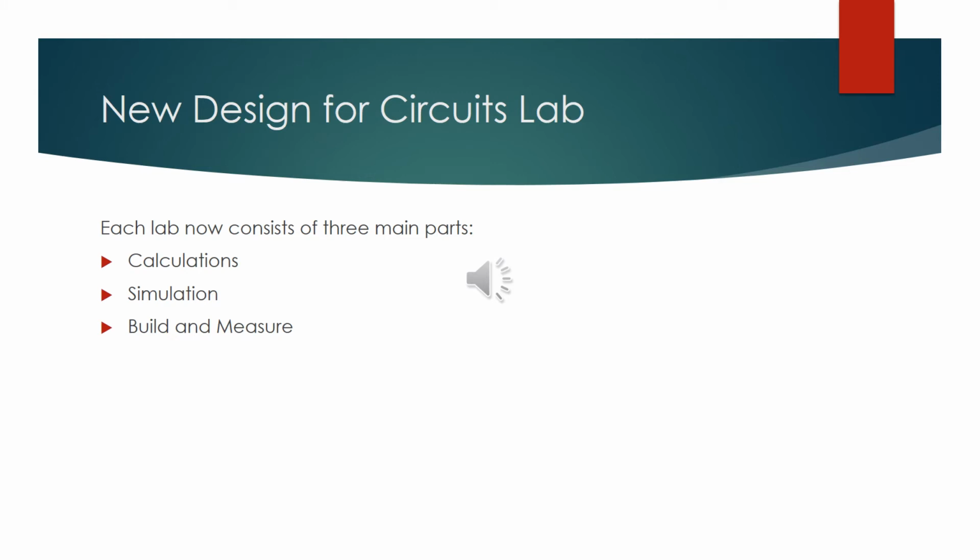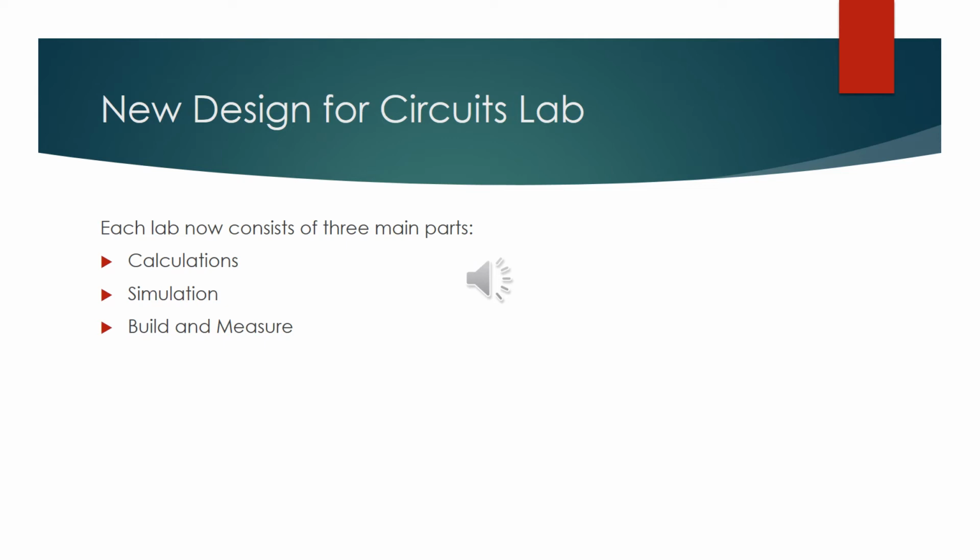In the electric circuits lab, we redeveloped all the experiments and designed a new lab manual depending mainly on the Analog Discovery Board and Analog Kit. Each lab now consists of three main parts. Number one, calculation, where the student solves most of the circuits theoretically and calculates certain voltages and currents.